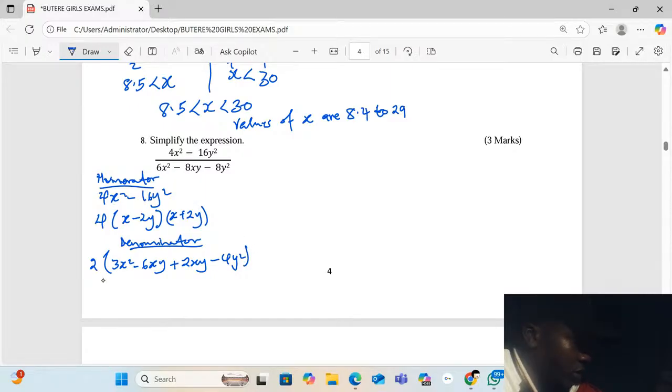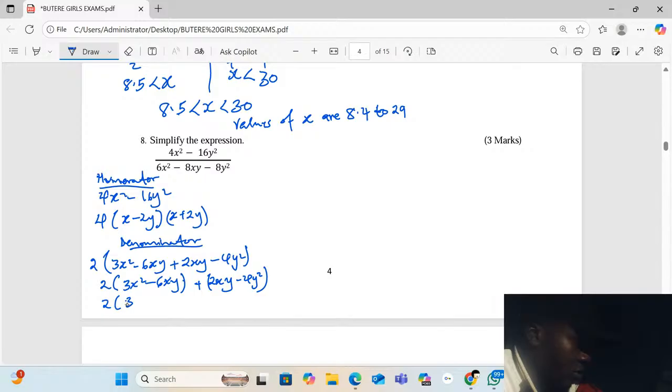So having 2, we're going to have 3x squared minus 6xy, then plus 2xy minus 4y squared.